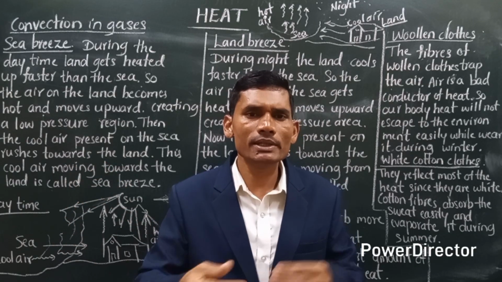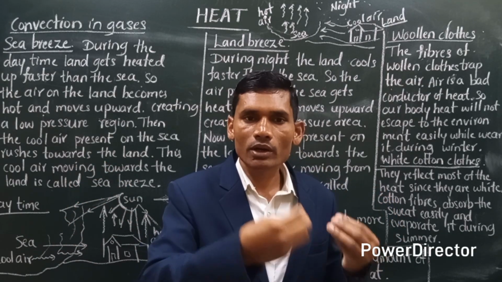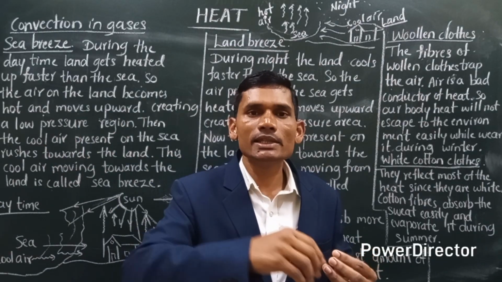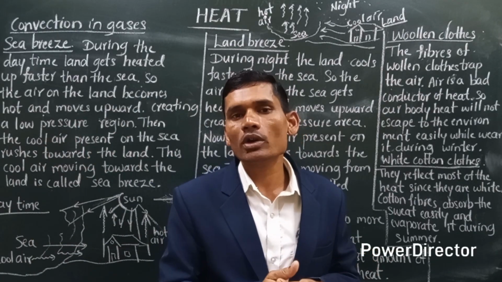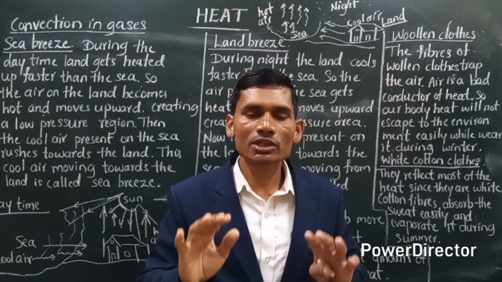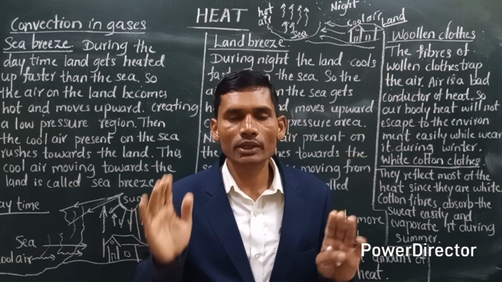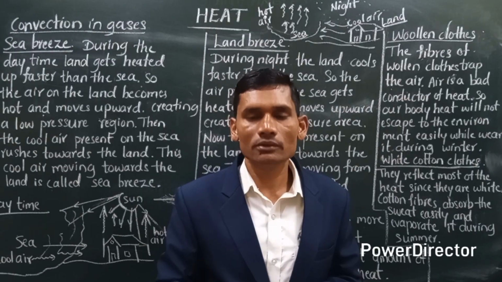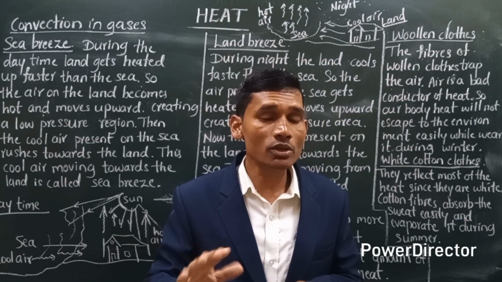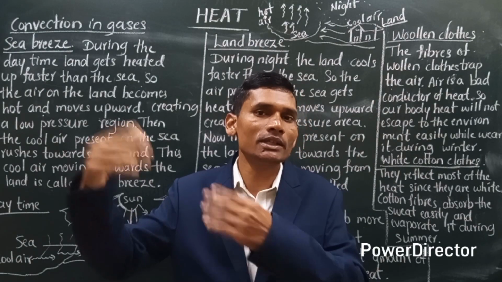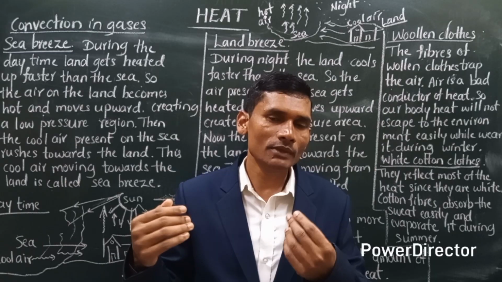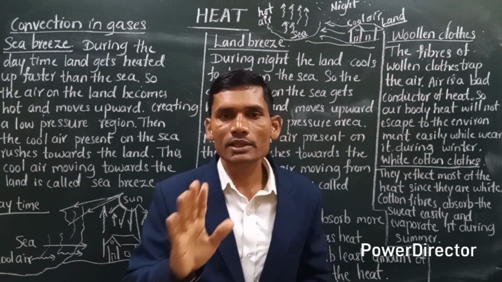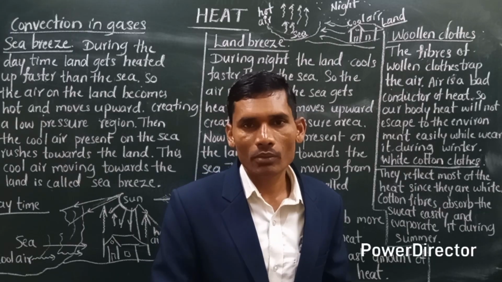Since it evaporates easily, we do not get any type of skin irritation. That is why it is preferred. And one more thing, white colored cotton cloths are preferred because white reflects most of the heat. It absorbs minimum, reflects maximum. These are the two reasons you need to remember.